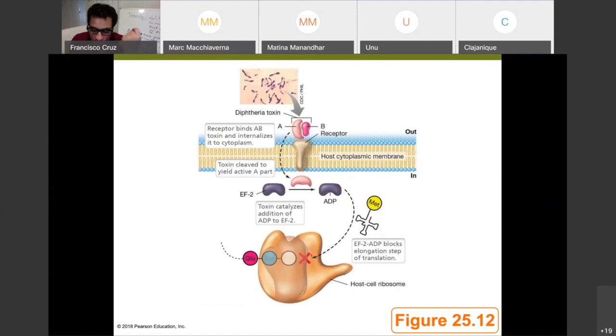Ribosomes translate proteins. You remember that. Elongation factor 2. If you remember, the A site receives transfer RNA, right? The transfer RNA is escorted to the A site by elongation factor 2, right? So elongation factor 2 is an essential protein that functions to escort transfer RNAs into the A site during translation. What the A subunit of diphtheria exotoxin does is it adds an ADP to elongation factor 2. This inactivates elongation factor 2, and now you can no longer escort transfer RNA into the A site during translation.